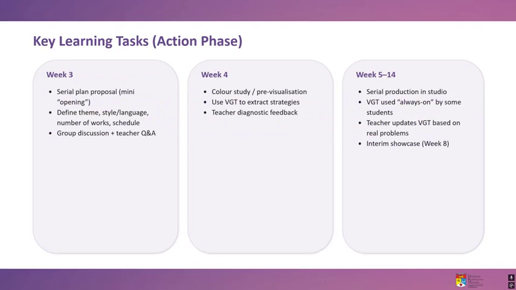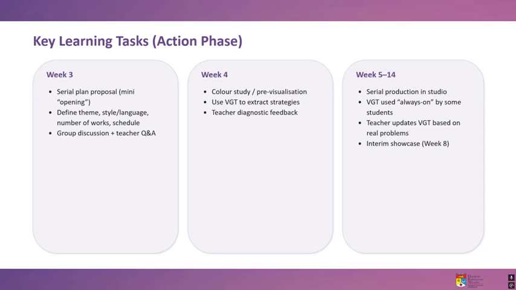In the action phase, the key idea is task chains with checkpoints. This helps students start on track and not change direction all the time. In week 3, I asked students to write a serial plan, like a small proposal.